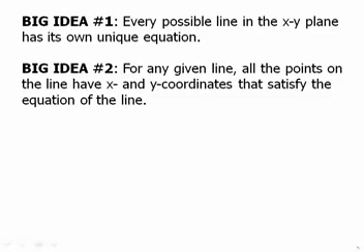Big idea number 2, for any given line, all the points on the line have x and y coordinates that satisfy the equation of the line. That's a really big idea. That's a deep idea, and people don't appreciate how deep that idea is. On any line, there's an infinite number of points, every single one of them. We could pick out any point at all on that line, find its x-coordinate, y-coordinate, plug it in, and it would satisfy the equation of the line.